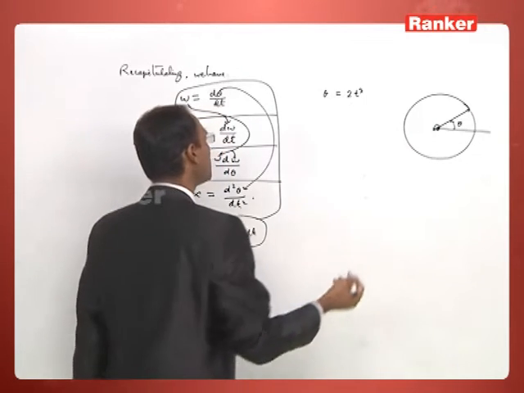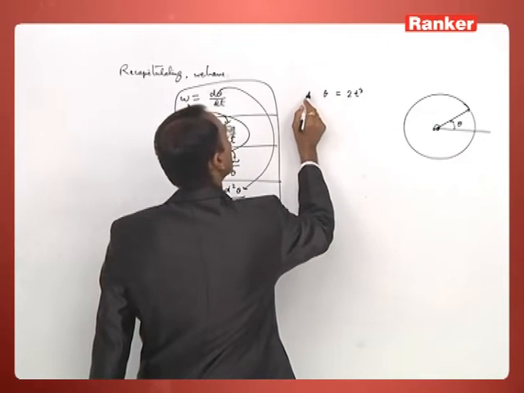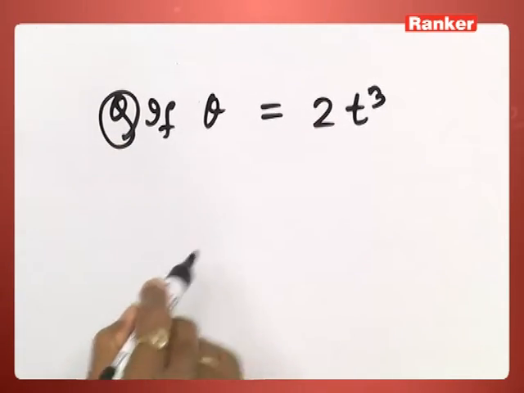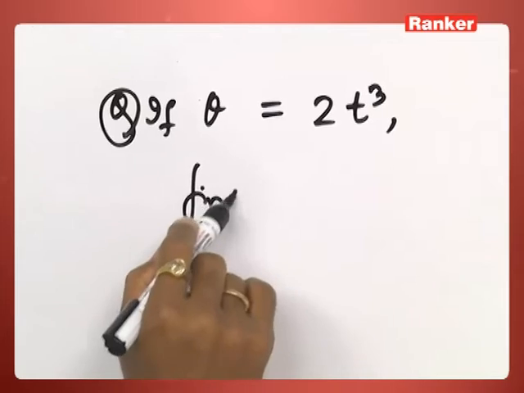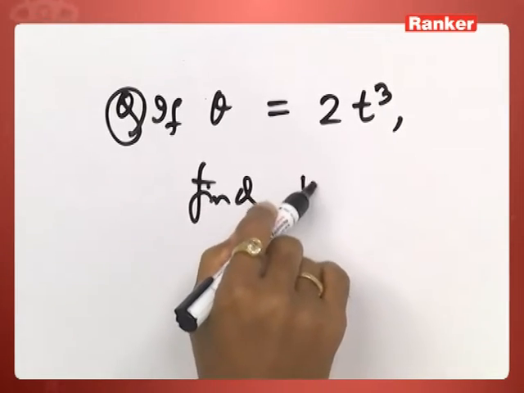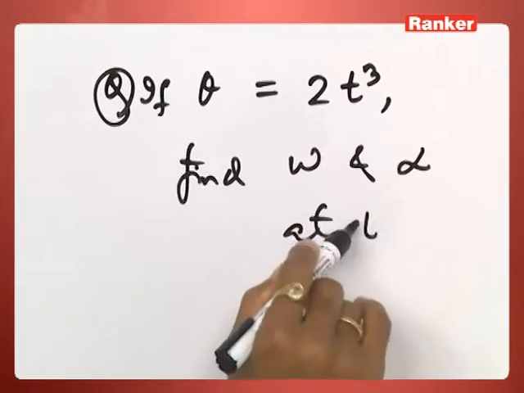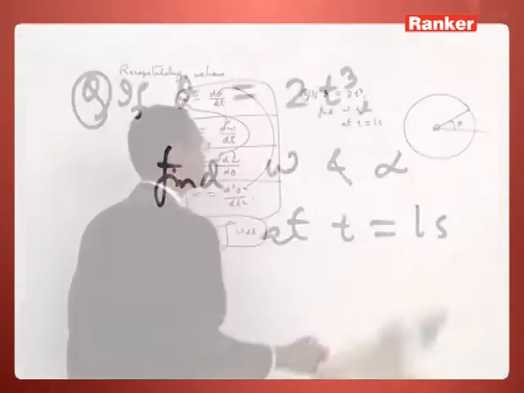Theta is equal to 2 t cube. Then find angular velocity and angular acceleration at time t equal to 1 second.